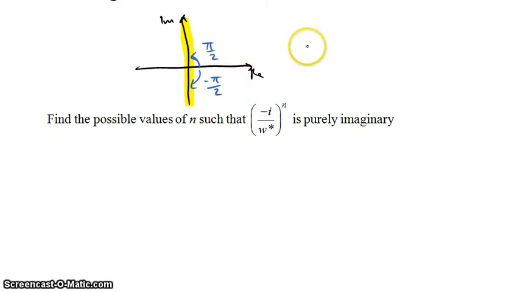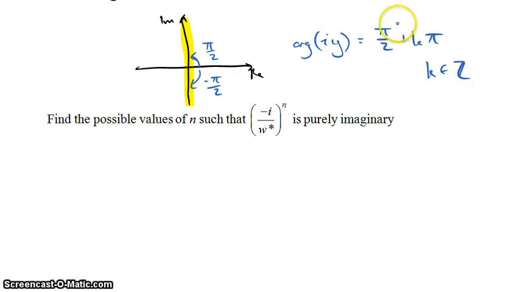And it turns out then that if this is purely imaginary, let's call it i times y, then its argument will always equal pi upon 2 plus some constant multiple times pi, where k is an integer. And why is that?